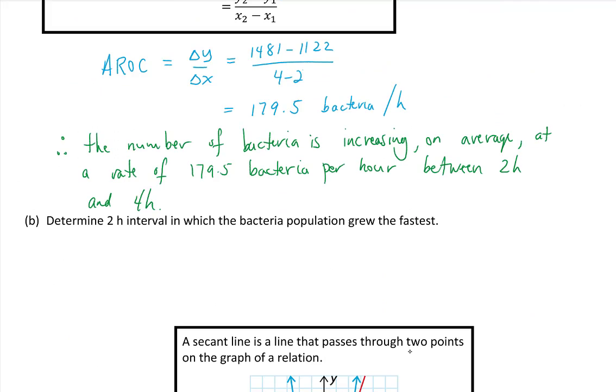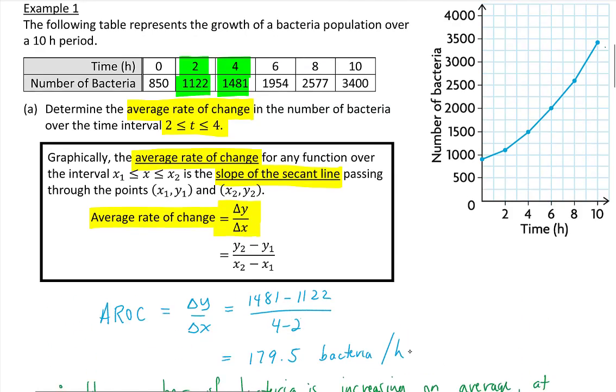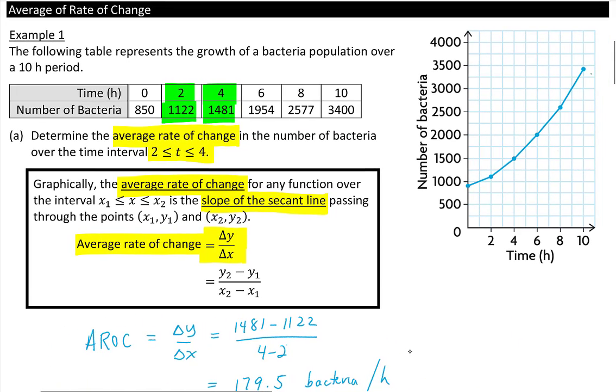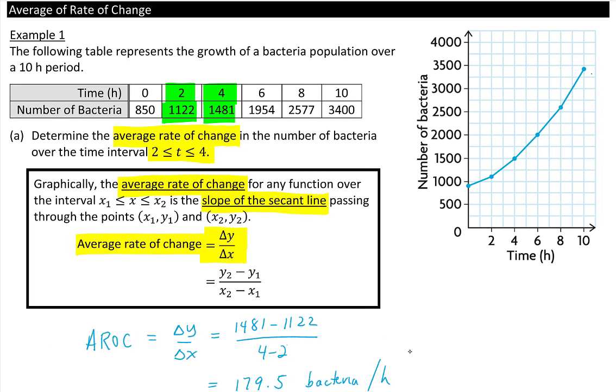So determine a 2 hour interval in which the bacteria population grew the fastest. And from a graph, that's easy to identify. If you didn't have a graph, we'd have to calculate all these rates of change. But take a look at the 2 hour intervals. If I draw a triangle here and compare the rise over the run versus, let's say, the end here, they have the same length in terms of their run, the delta x if you like.